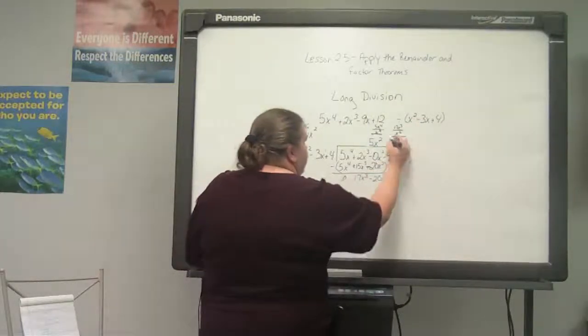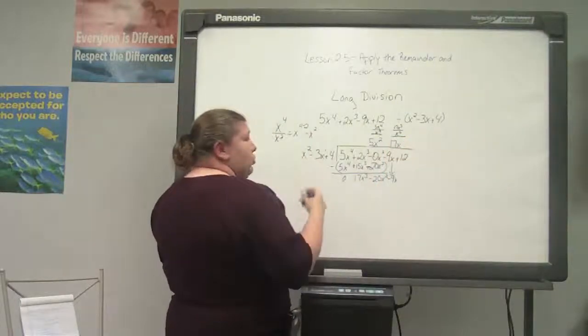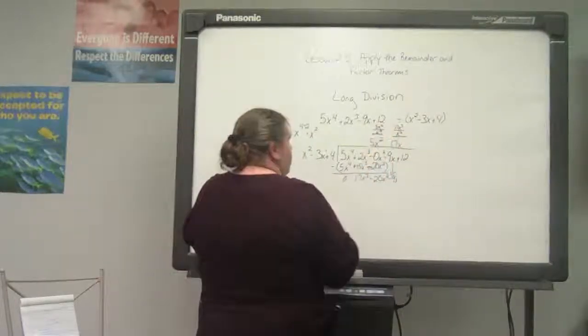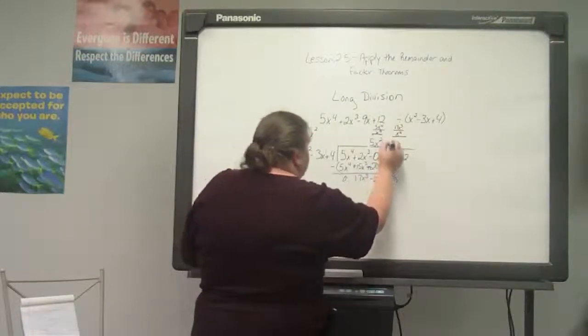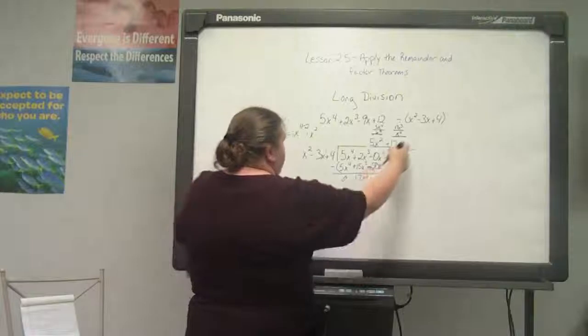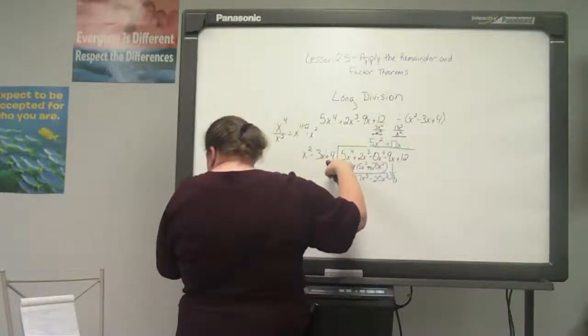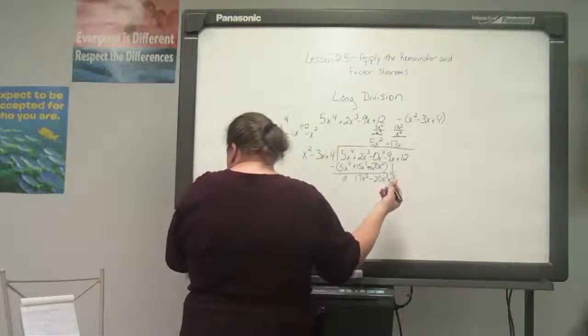That gives us 17x is what is left, because 3 minus 2 for the exponent. And again, this is going to be a positive. And so we're going to say 17x times 4 is 68x.